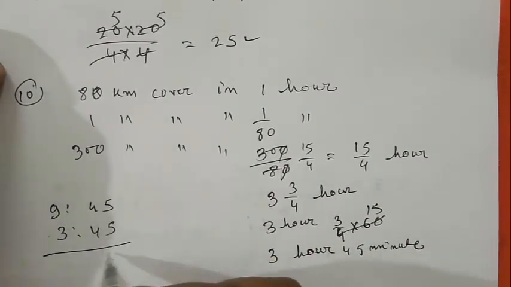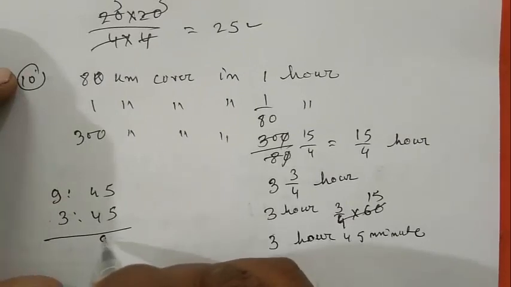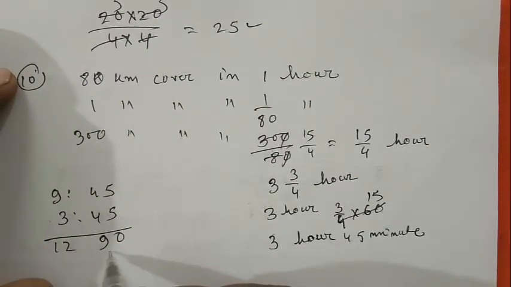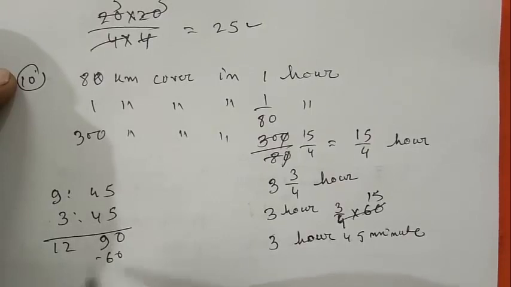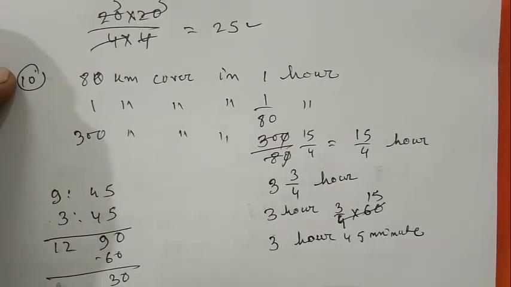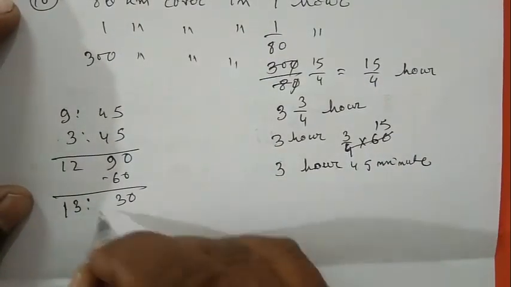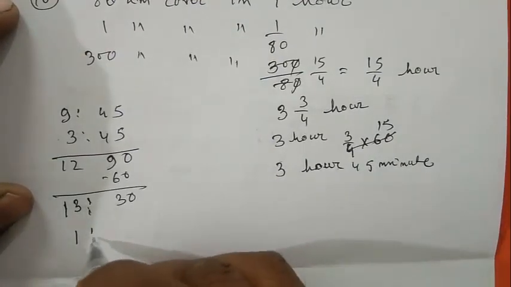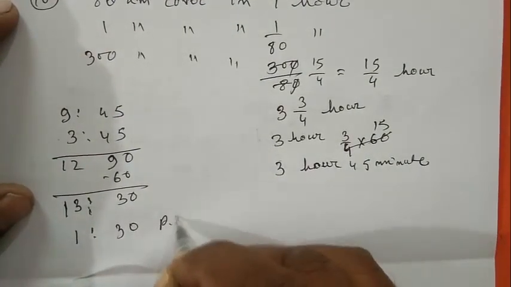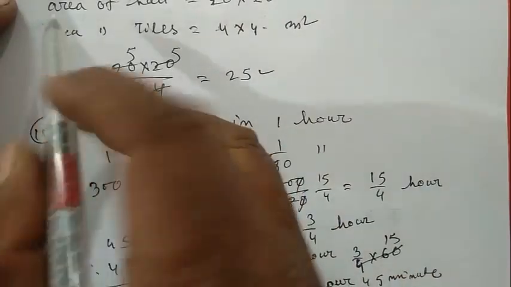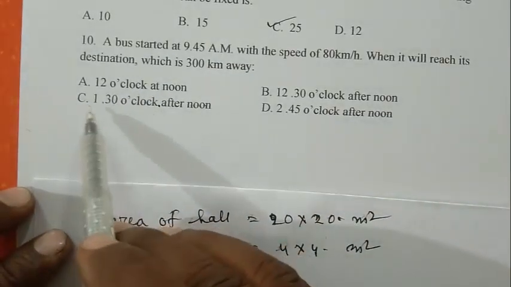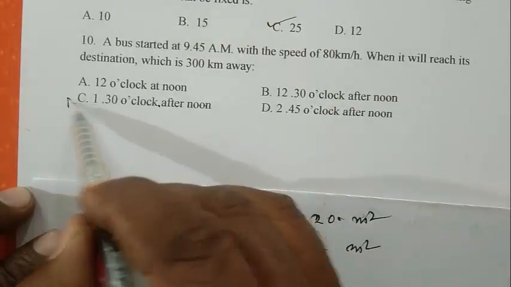That becomes 12:90, so 60 minus, that is 30, 13, 1 hour. So it becomes 1:30 pm. So the answer is 1:30 o'clock in the afternoon. C is the right answer.